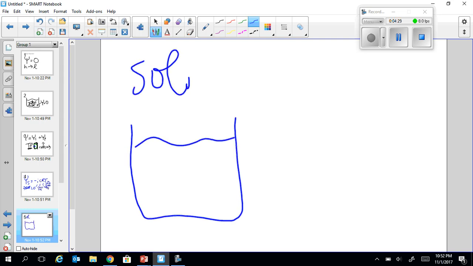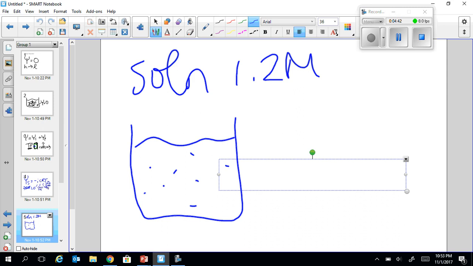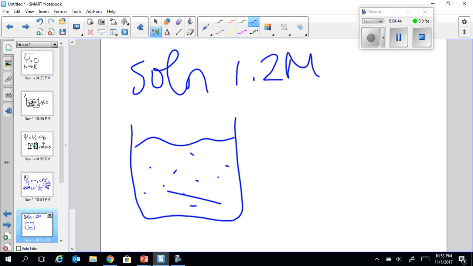Let's say this solution is a 1.2 molar sucrose solution. So there's sugar in here. And let's say we're at 25 degrees Celsius. So we have to do our calculation.